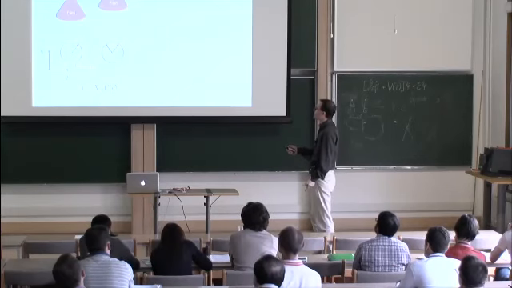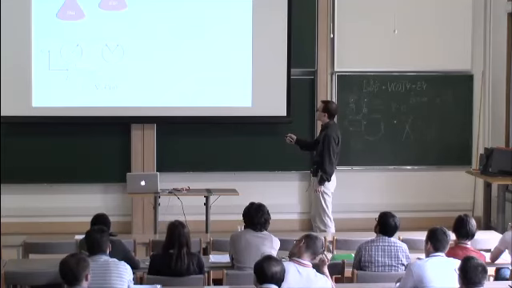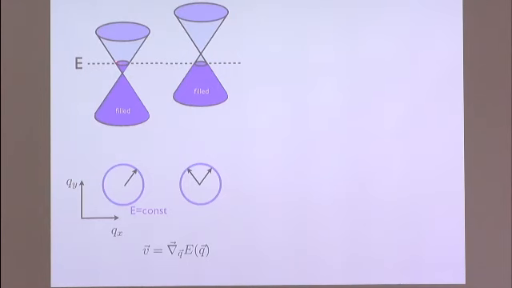Now, the situation could be arranged such that to the left of the potential step, the Fermi energy, or the energy we are considering for our scattering problem, lies above the Dirac point, and to the right of this potential step, it lies below the Dirac point. And we will even consider the most interesting situation where this is symmetric, where the amount of energy by which I exceed the Dirac point here is equal and opposite to the amount of energy by which I lie below the Dirac point on the right of the potential step.